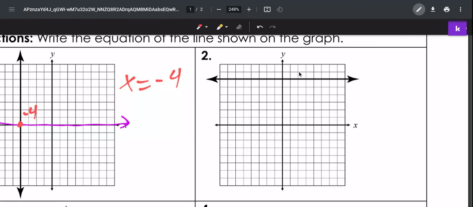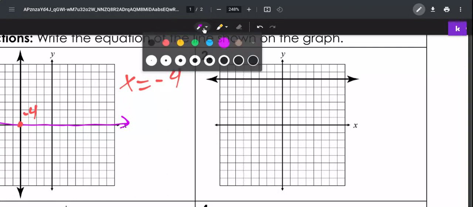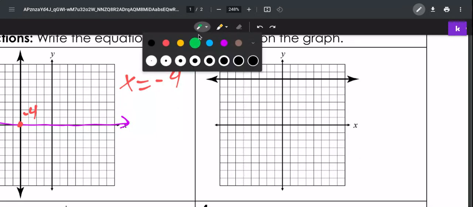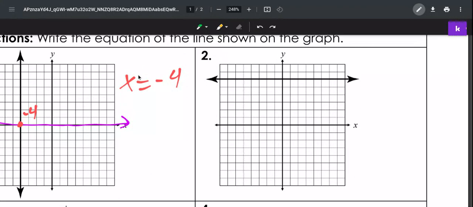Then we ask ourselves, do I start with y equals or x equals? To determine that, we figure out what axis this horizontal line intersects. If we go to the y-axis, you're essentially asking which one is going to make a cross. If you look, this green line, which is the y-axis, and our horizontal line would make a cross-looking shape.